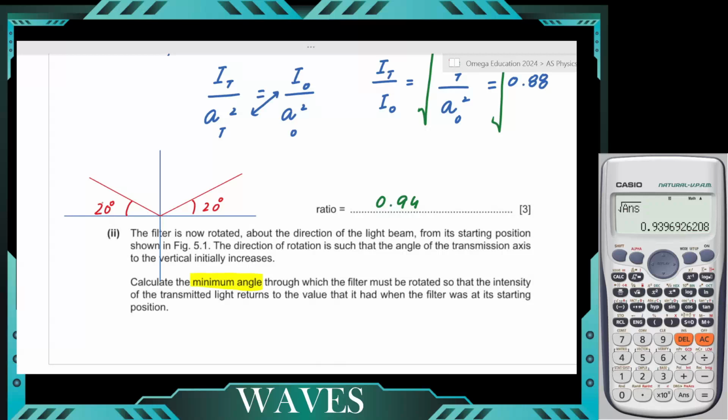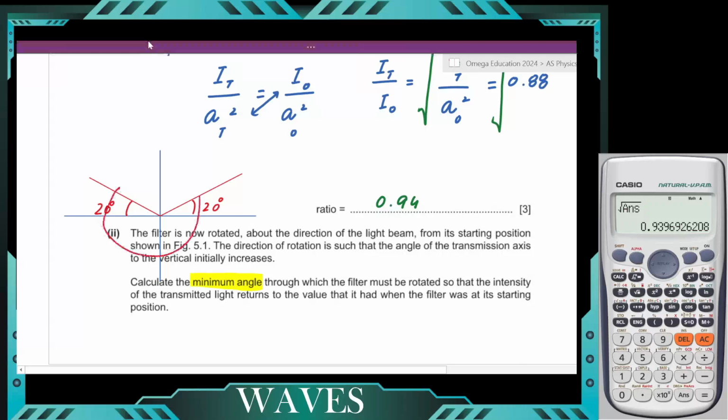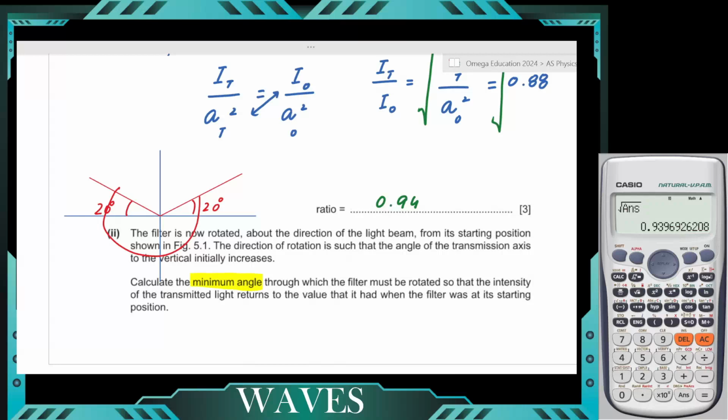Now we need to find the minimum angle to which the filter must be rotated. In order to get the shortest angle, I'll be getting the same intensity if I reach the other side. Now I have two options to reach the other side. One of them is if I follow this path from here to here, and the other option is if I go from here to the other side.